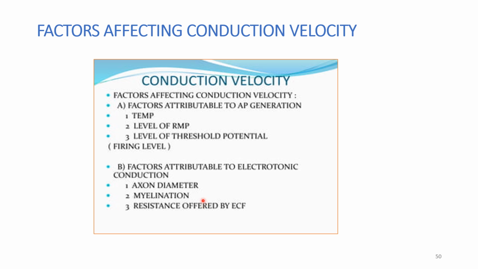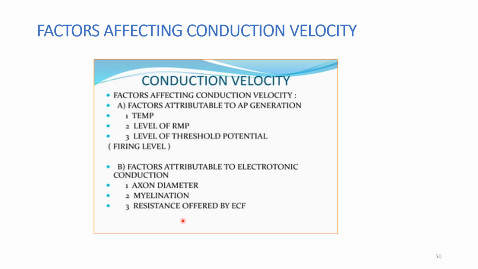So Rm is high and Cm is low. And there is the presence of nodes of Ranvier. All these three mechanisms will cause an increase in the conduction velocity in case of myelination. So the conduction velocity is equal to 6 times the axonal diameter. So this formula is: conduction velocity in meters per second equals 6 times the axonal diameter in micrometers.